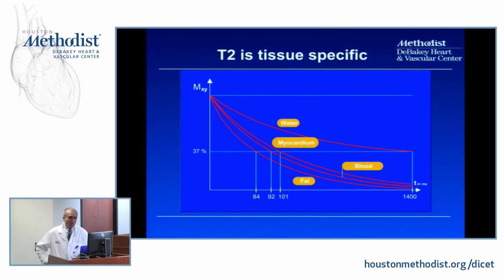Now, T2 also is tissue specific. Certain tissue, such as fat, will have a faster T2 decay versus something like water, which has very slow T2 decay. Again, we can use these differences in tissue properties to help triangulate what a specific tissue is within the body.